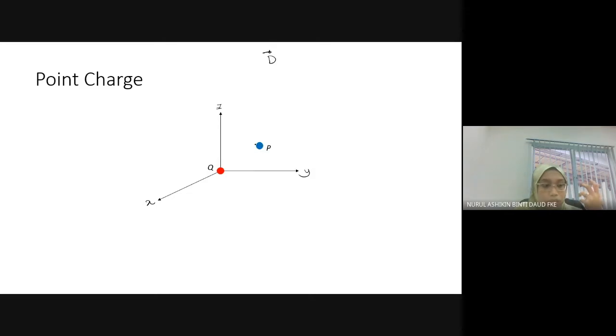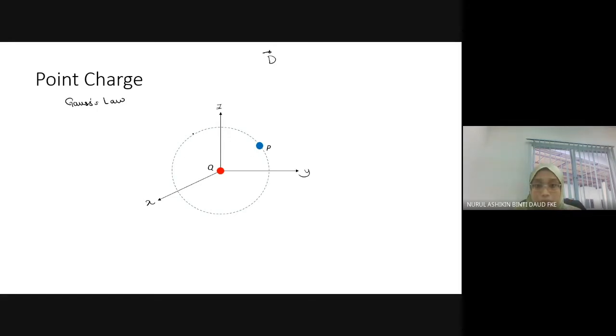Now we want to use Gauss's law. In order to use Gauss's law, you need to have a Gaussian profile. So what kind of Gaussian profile is suitable for this point charge? The answer is a spherical Gaussian profile.